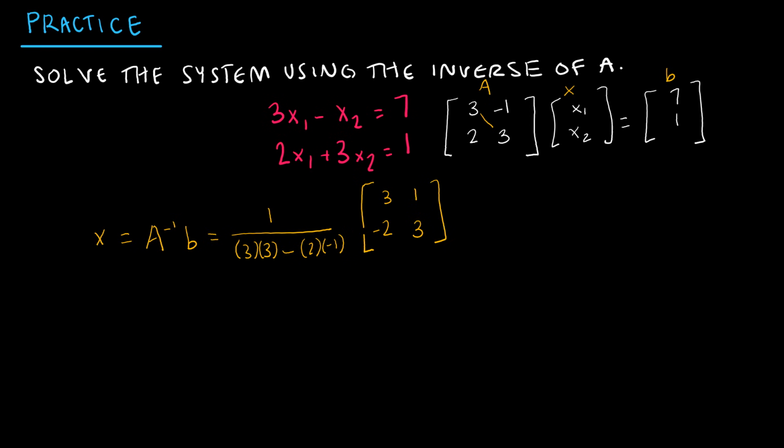So that's going to be my inverse, and I'm going to multiply that by 7, 1. I'm going to do some simplification. 3 times 3 is 9, minus negative 2, so that's 1/11th, times 3, 1, negative 2, 3, and again times 7, 1.